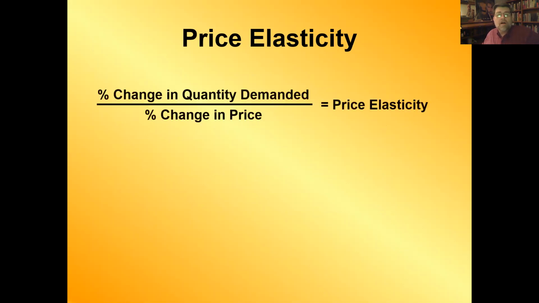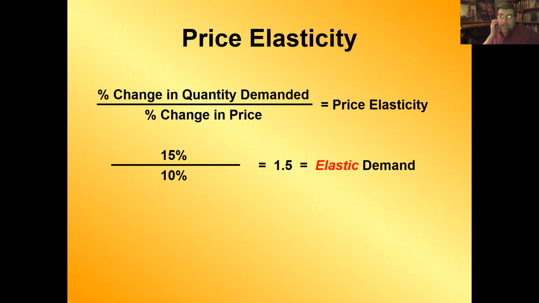Okay, so the calculation for this is the percent change in the quantity demanded divided by the percent change in price, and that equals the price elasticity. So if we have a 10% change in price, and that generates a 15% change in the quantity demanded, that would calculate to 1.5, which is considered elastic demand.